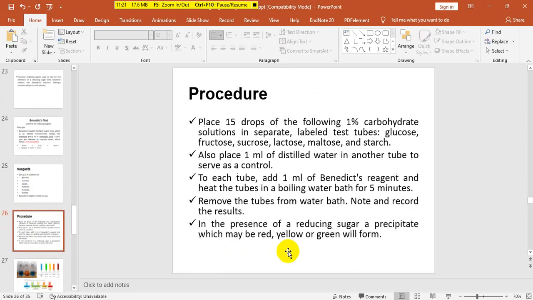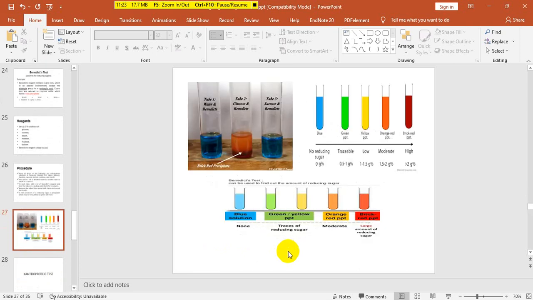These are the reagents. This is the procedure. This is the color change. At the end of the reducing sugar test, like Fehling's, Benedict's, and the rest, we are supposed to have what? Blue coloration means none, there is no reducing sugar. Green to yellow coloration means there is a trace or very small amount of reducing sugar.